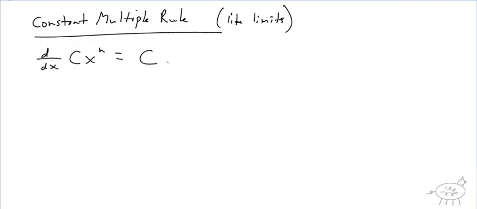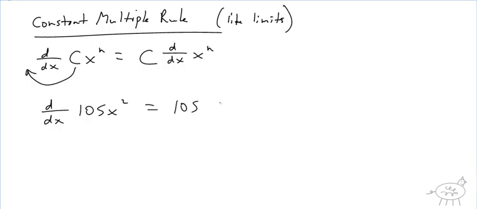That's the same thing as c. The c comes out, right? Just like you do with limits. So c times d by dx of x to the n. So like the example d by dx of 105x squared, it's truly equal to 105 times d by dx of x squared. Pretty straightforward, right? So anyway, you get 105 times 2x, which is 210x.